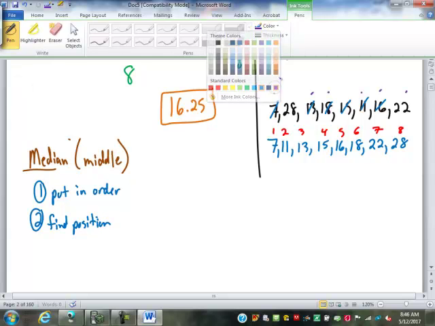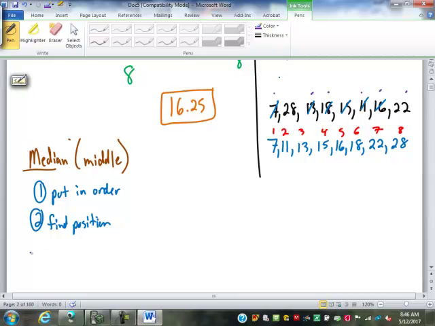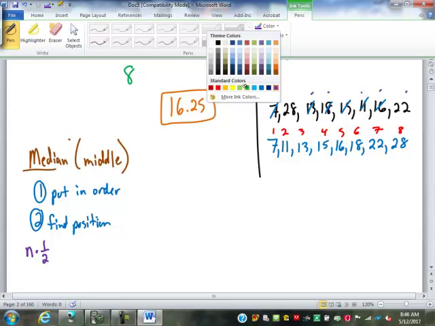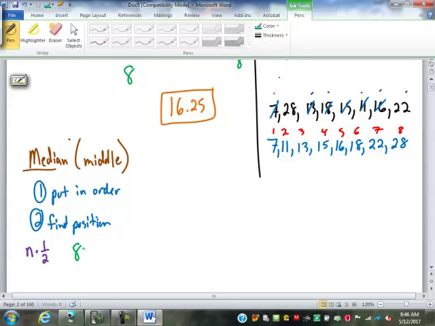Now the position of the median is found by doing n times 1/2, or n times 0.5. If the median is in the middle, that means half of the numbers are on each side of it. For this data set, n equals 8, so that's going to be 8 times 1/2, which is 4.